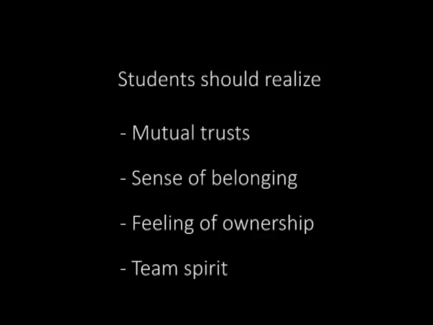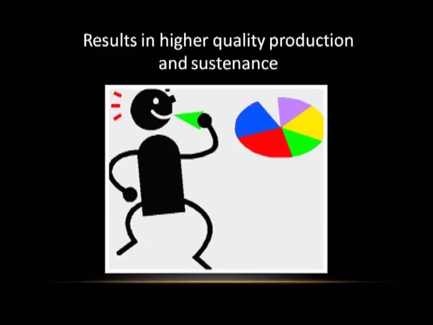Industrial sociology is gaining importance due to its role played in taking care of all these discussed matters. Students, you must realize that mutual trust, sense of belonging, feeling of ownership, team spirit are very important. They ultimately result into higher quality production and give sustenance, and thus growth is achieved.